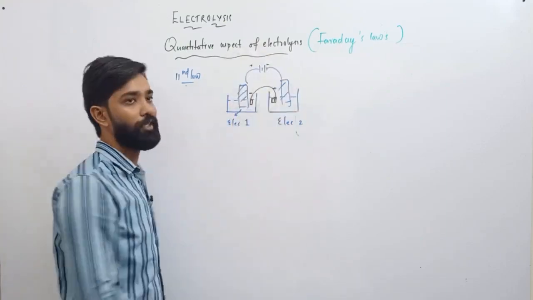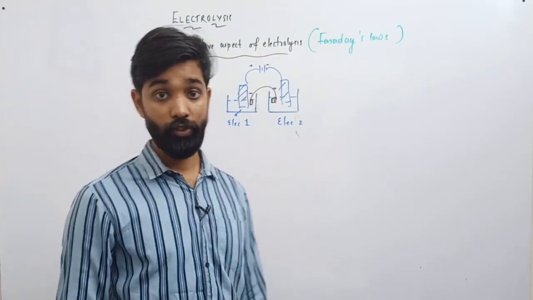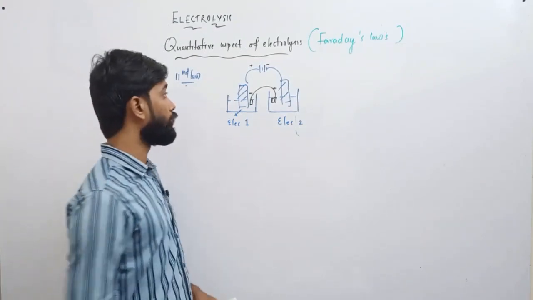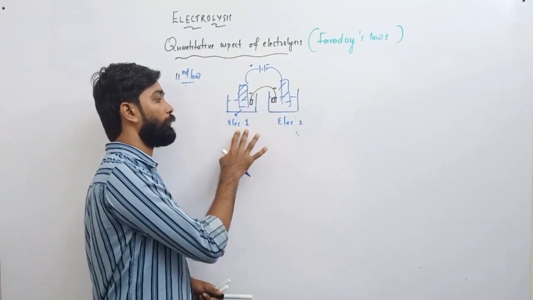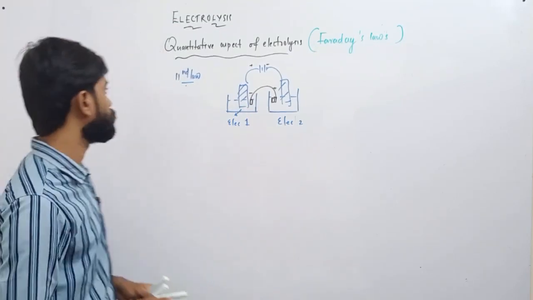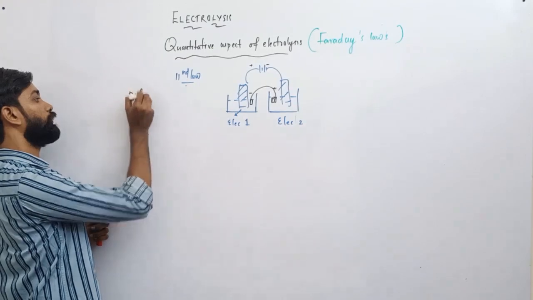So this is a series connection of two electrodes. Ready? There are two different electrolytes, electrolyte number 1 and electrolyte number 2, but they are connected in series.